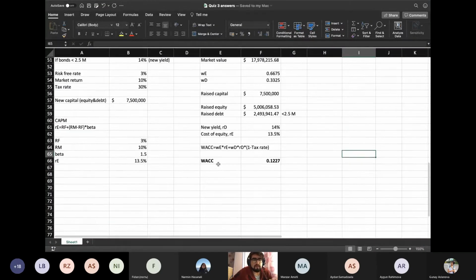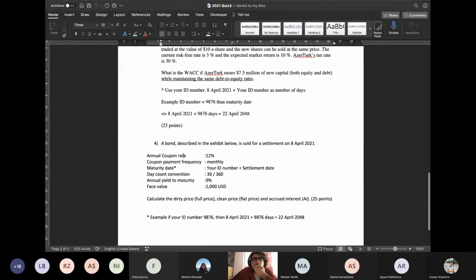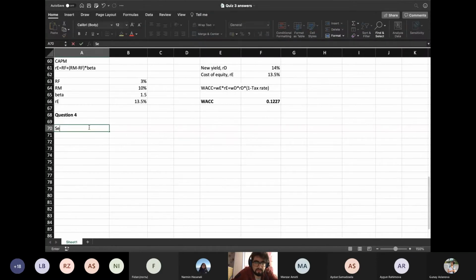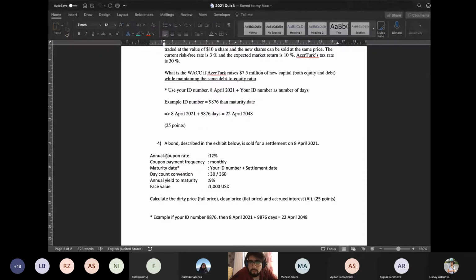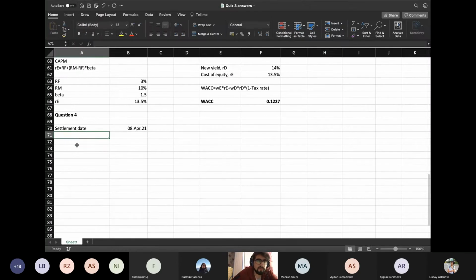So we have last question, question 4. A bond described in the exhibit below is sold for a settlement on 8 April. Let's write here, settlement date 8 April 2021, annual coupon rate.